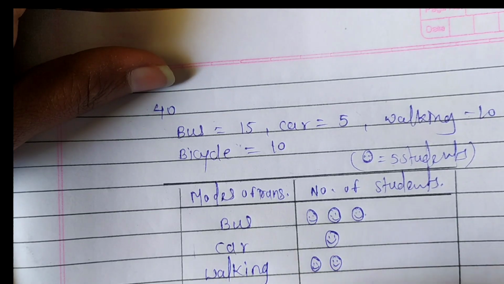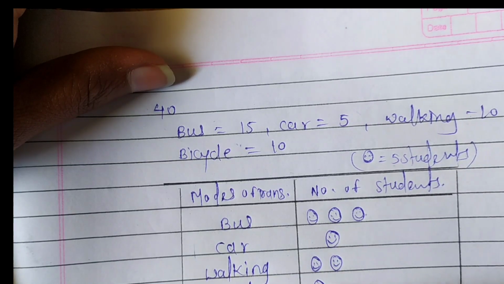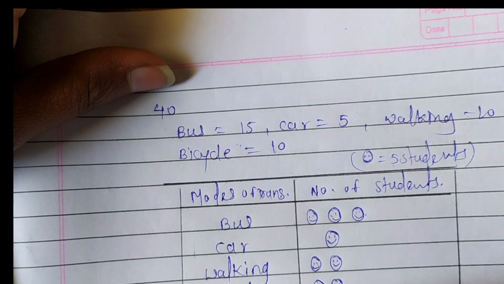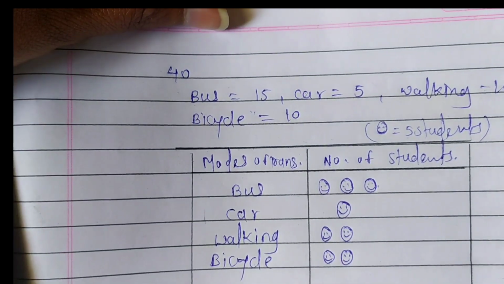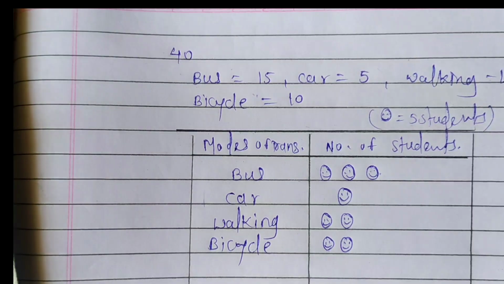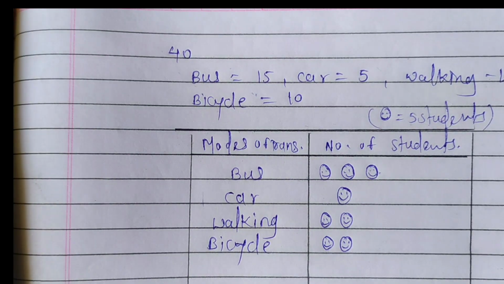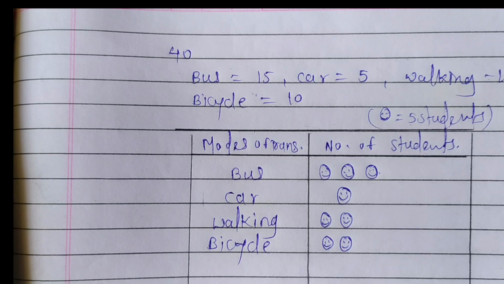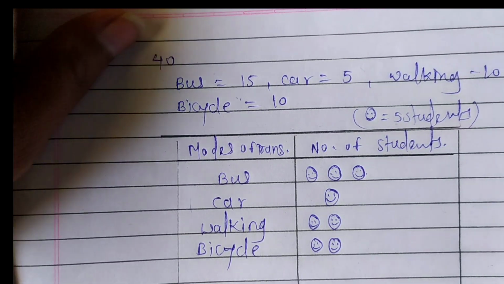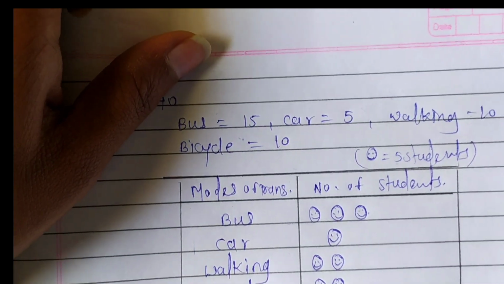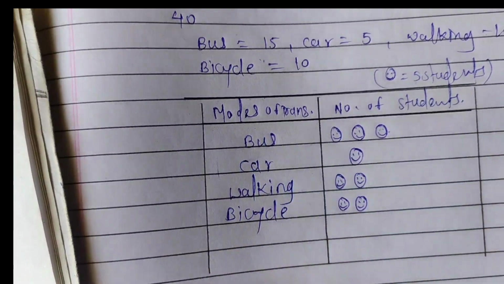Then bicycle, there are 10 students. In this way, I draw statistical data. By this, we can easily find data and it makes reading easy as well. This type of table is called a pictograph.